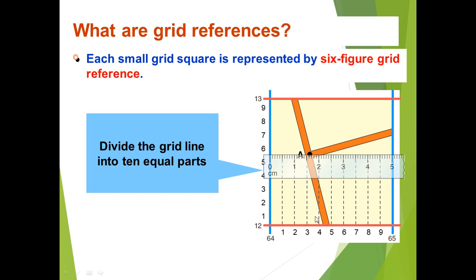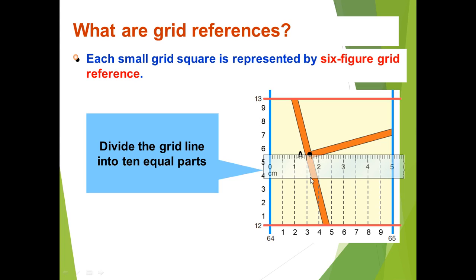That means if we want to divide this vertical area into 10 equal sections, for every 0.5 cm we would have to draw one line. So we just imagine there are virtual lines here. We don't really have to draw them, because right now you can find that point A is located between 1.5 cm and 2 cm.